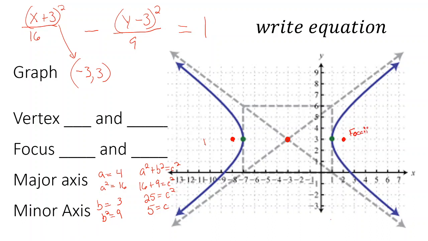But anyways, foci and foci. Okay. So the coordinates of those are at -8, 3, and 2, 3. And we've got -7, 3, and 1, 3. All right.